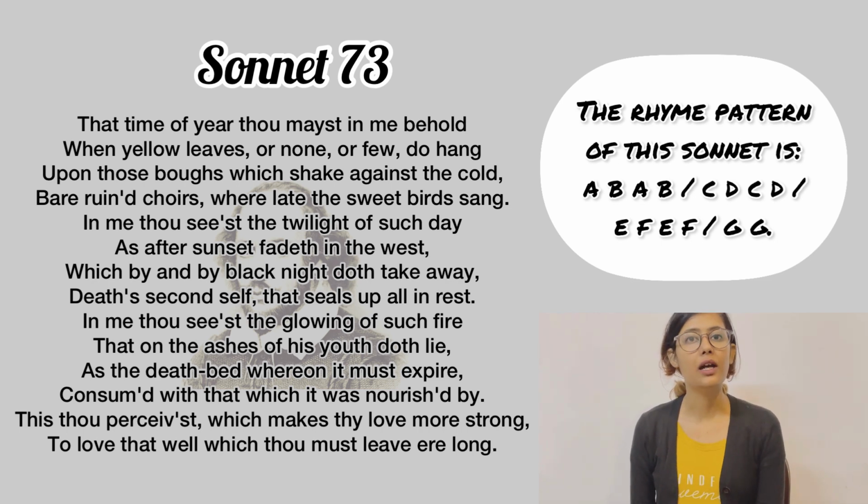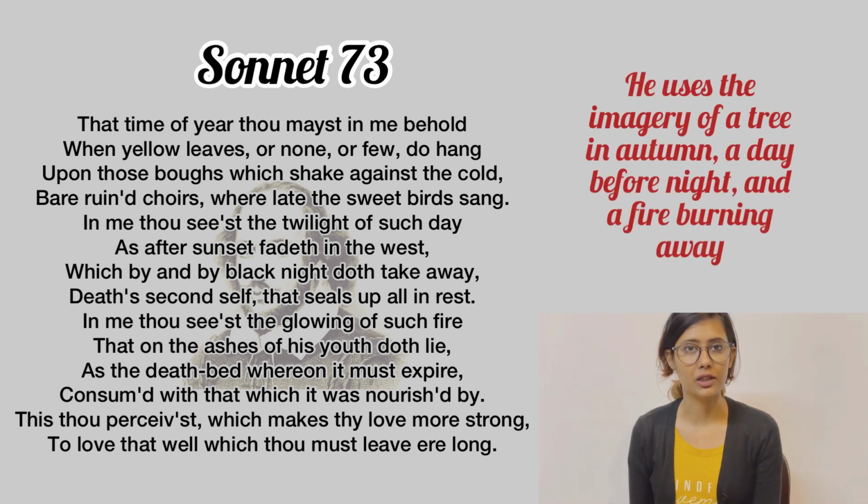Now let's come to the analysis of the sonnet. So before having a line by line analysis of this sonnet, we need to understand few imagery and symbols we use in literature to understand the entire sonnet, okay?